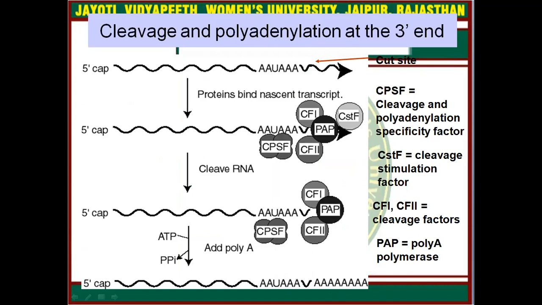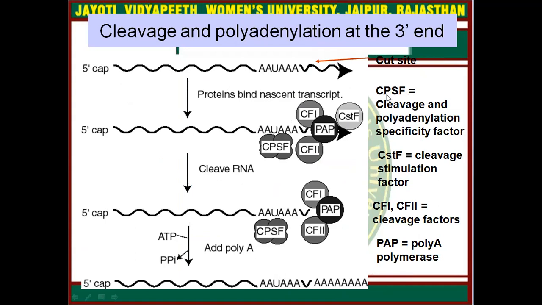Cleavage and polyadenylation at the 3' end. This is the cut site, and proteins bind the transcript region and cleave the RNA molecule, and then the poly A tail is added. Here we will discuss some short forms.